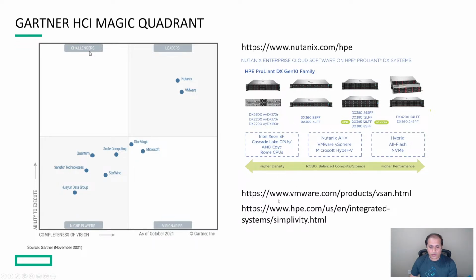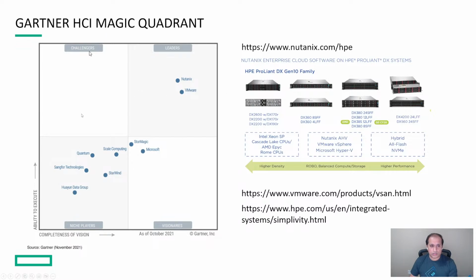When it comes to the kernel storage based architecture HCI solution, you have VMware vSAN. Then you also have another offering from HP called SimpliVity, which is also an HCI solution based on a VSA kind of architecture.